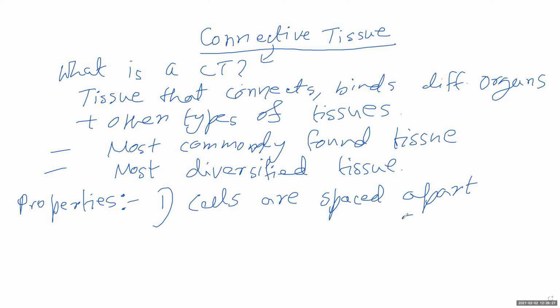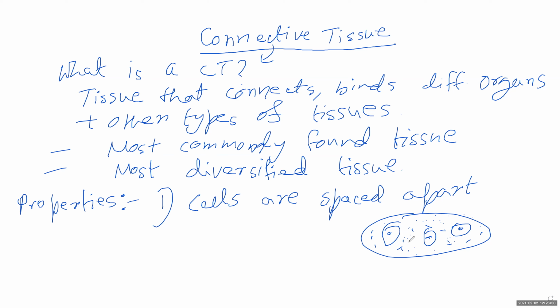So if we are to draw, let's say this is a sample of connective tissue, the cells would be like this, spaced apart. That means between the cells, there must be something that is filling up the space, yes? There must be something present between those cells.